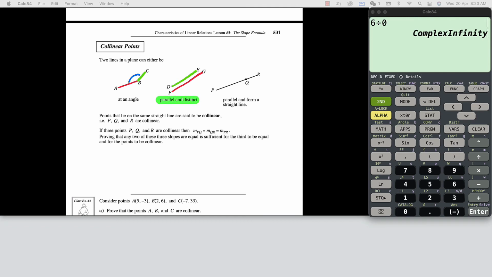And what about this line segment PR, which has a point Q? In this case, we've got three line segments that we could form here.